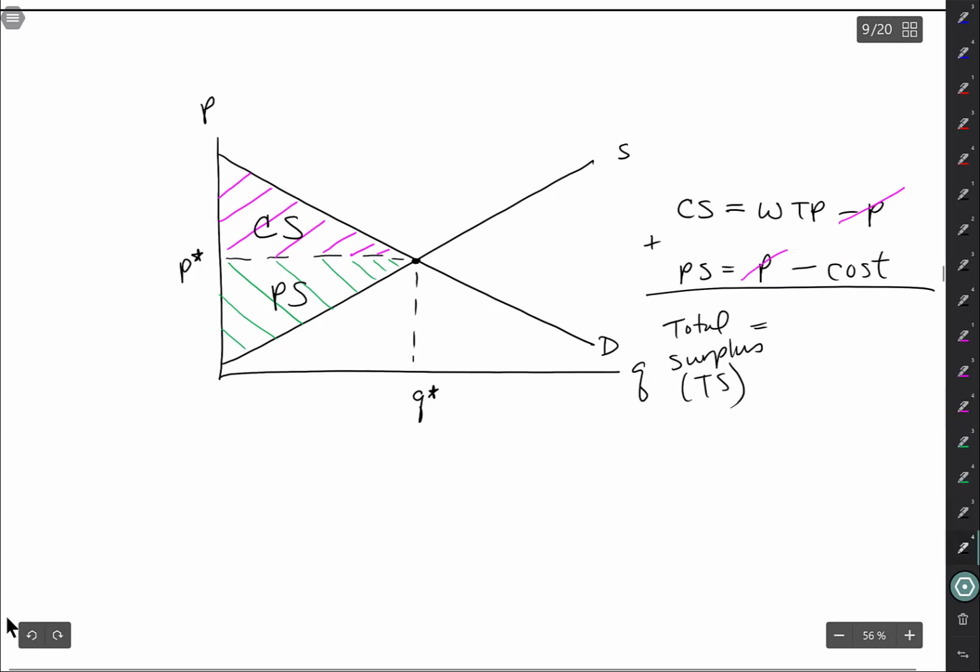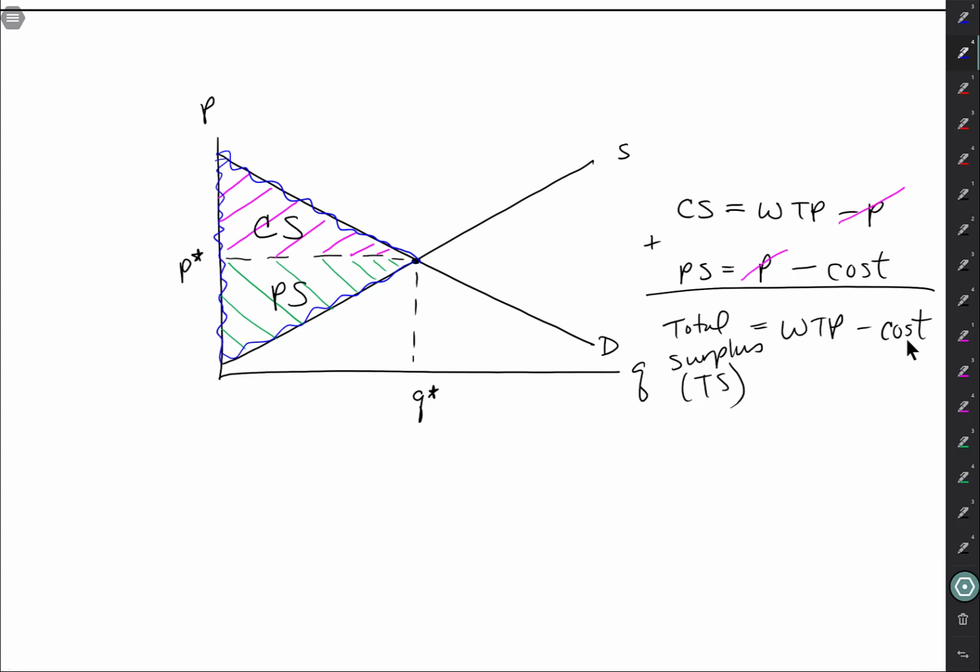So we're left with total surplus is the difference between willingness to pay and cost. In other words, total surplus is the difference between the demand curve and the supply curve up until the amount of units that they exchange. And that's exactly what we have here. Total surplus is the sum of consumer surplus and producer surplus up until the amount of units that they exchange. This is total surplus here, the sum of consumer surplus and producer surplus.